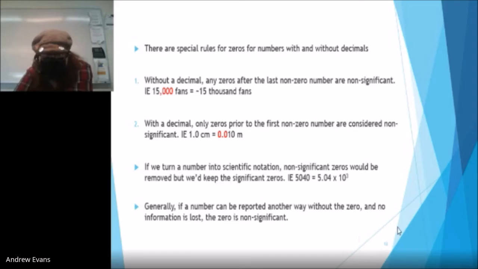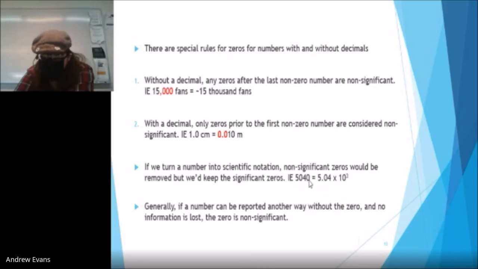So if you turn a number into scientific notation, all non-significant zeros are removed, but we keep any zero that is significant. So 5040, no decimal point. No decimal point says we take the last non-zero, which is 4, and go left. So 5040 becomes 5.04.